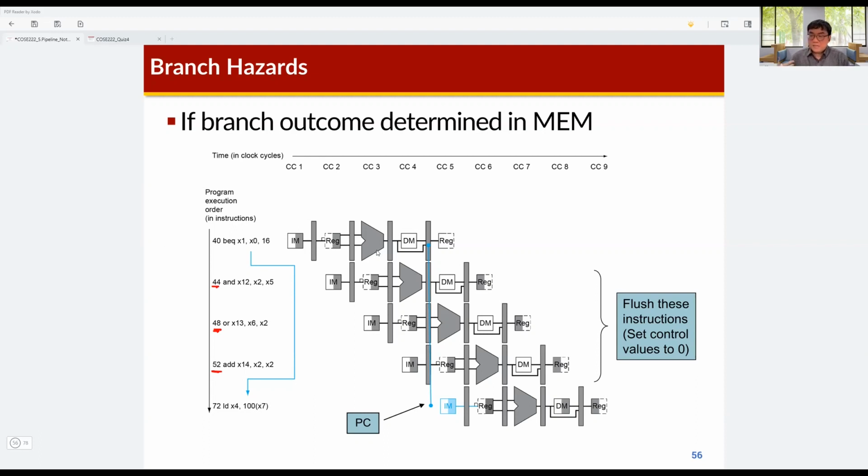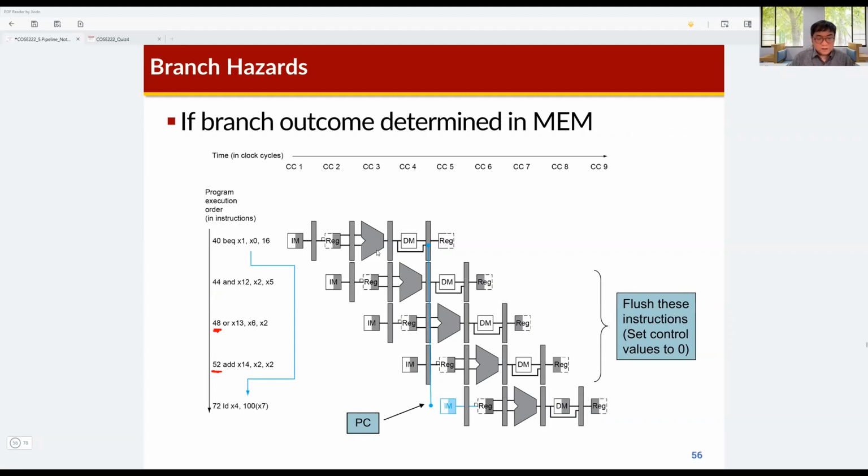So if you see the PC value of the next instruction, we know this is the very next instruction of the current one. If the PC is 40 and the next PC is 44, then this is the very next instruction.